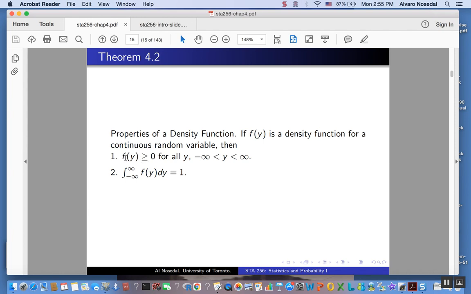So f at y should be greater or equal to 0, and that should hold for any number between -infinity and infinity.